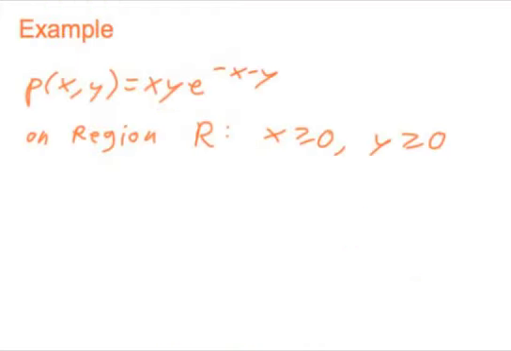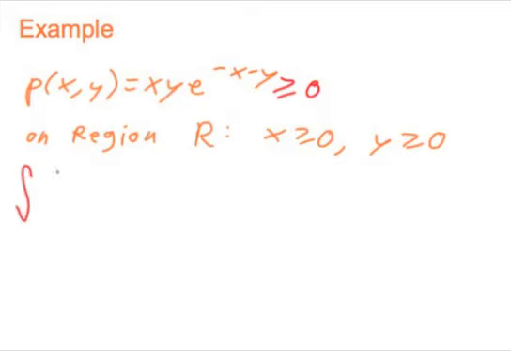In this example, we've got xy e to the negative x minus y across this region where x and y are both non-negative. Assume it's 0 everywhere else. You can quickly see that this function itself is always greater than or equal to 0, so that meets the first criteria.